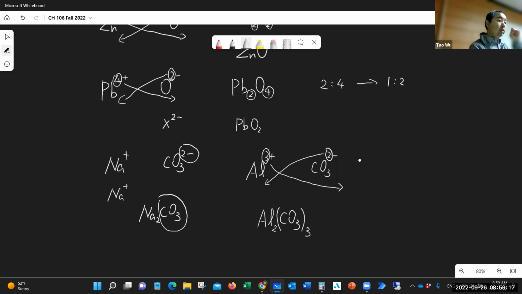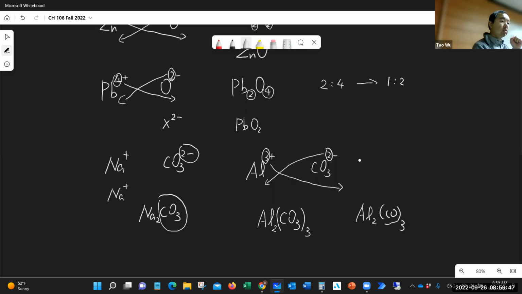I see some students write it without the parentheses. That's not the carbonate. You see, inside you write CO, not CO3. CO3 is the carbonate ion, not CO. So if you write it like this, you completely miss the 3 oxygens inside.